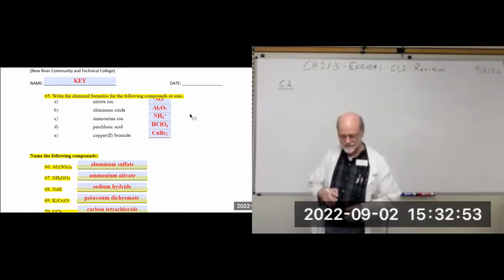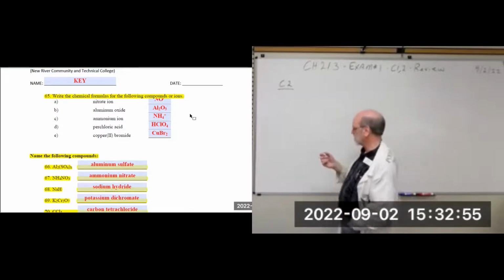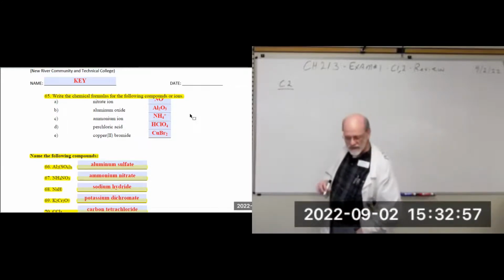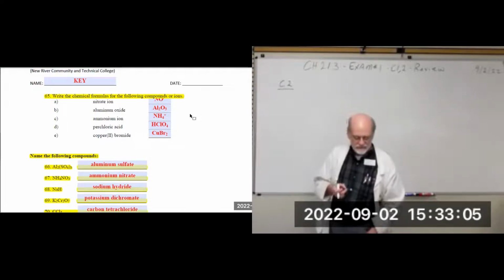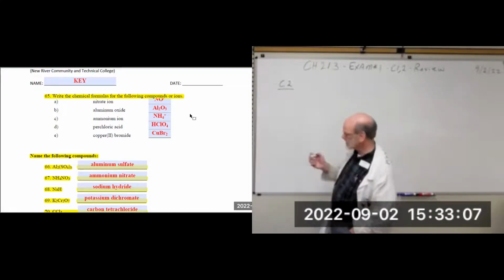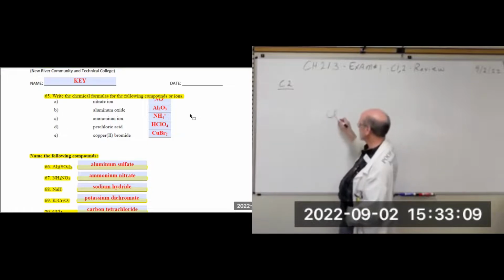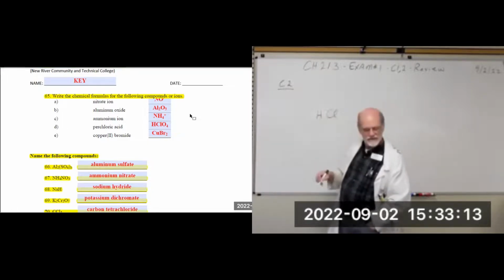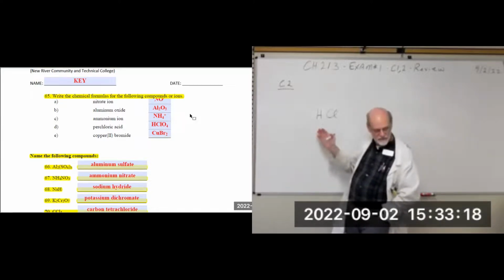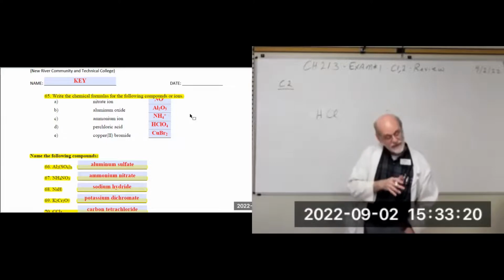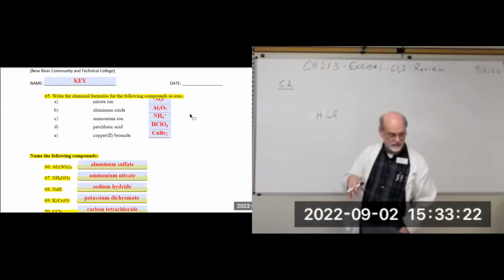Perchloric acid. Okay, this one might be a little more difficult. So we know that it doesn't say something chloride. Ide becomes ic. So we would think maybe that, right? But that's already taken. That's hydrochloric acid. Perchloric, since it doesn't have hydro in the front of it, it's got to have oxygen in it.